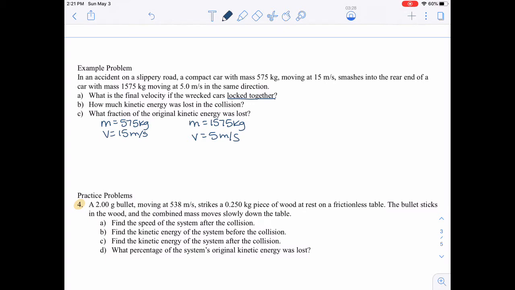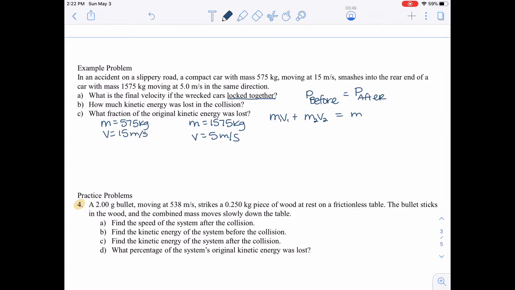So I'm going to use conservation of momentum to help get started. That means our momentum before the collision is equal to the momentum after the collision. And momentum is mass times velocity. And I have two cars, car 1, car 2.